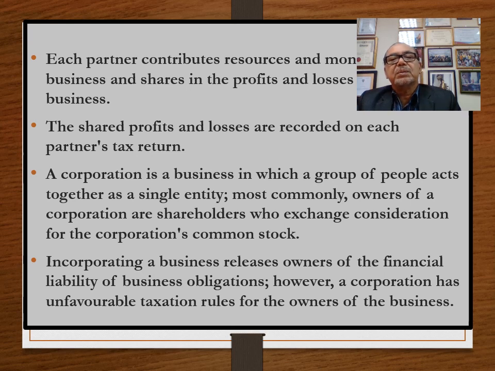Your other partner also will have to record in his personal income tax 50,000, and from there whatever government tax, you have to pay individually, not the partnership company you registered. Because partnership again is individual responsible, not the company responsible.